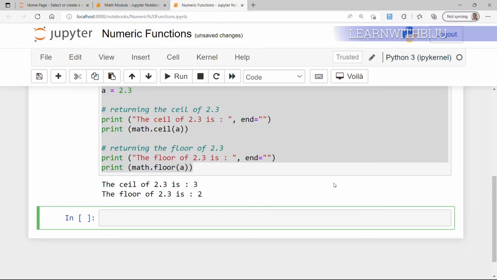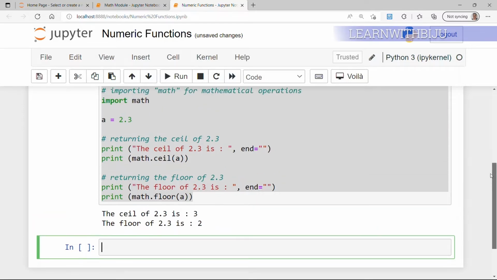The ceil of 2.3 is 3 and the floor of 2.3 is 2. What do you mean by this? So 3 is the smallest integral value greater than 2.3 and 2 is the greatest integral value smaller than 2.3. Are you able to follow this?